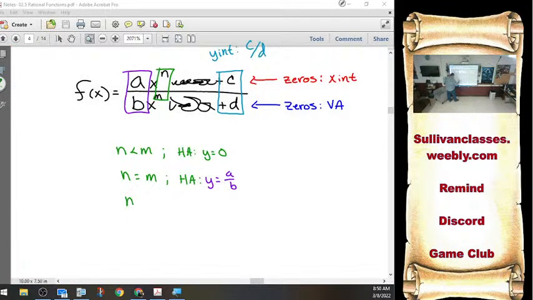If n is greater than m, I'll have an oblique asymptote found by dividing. Okay? Those four things.